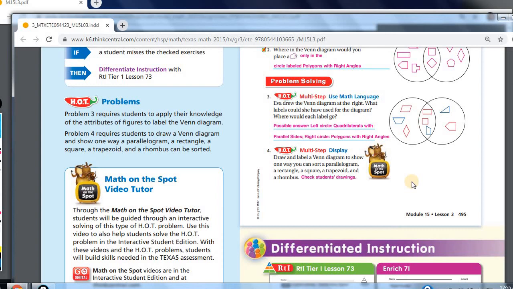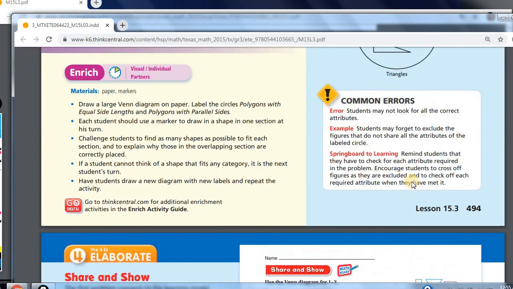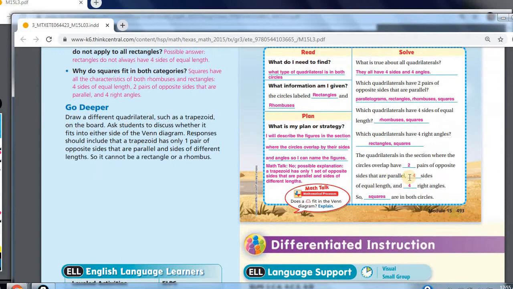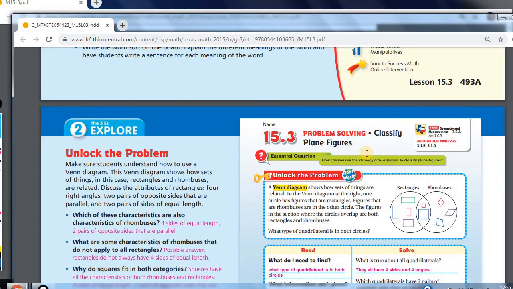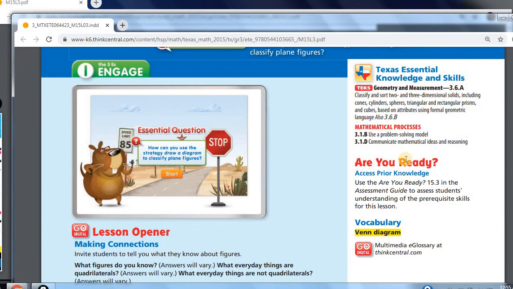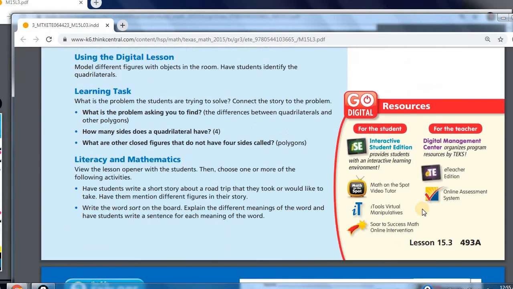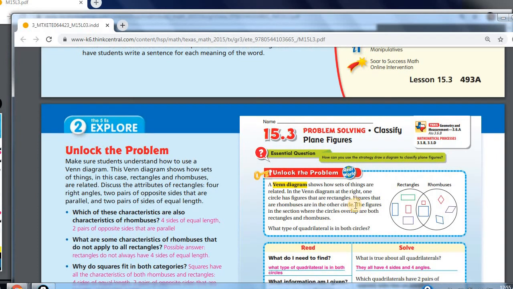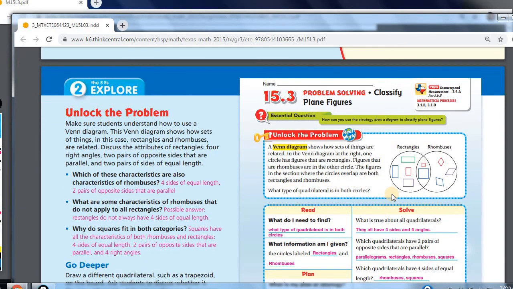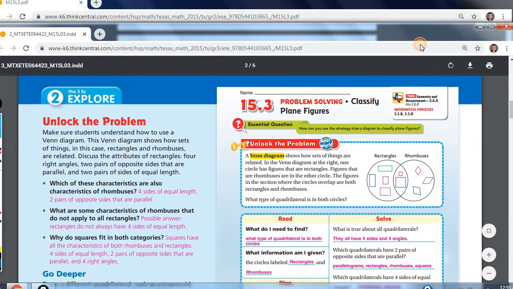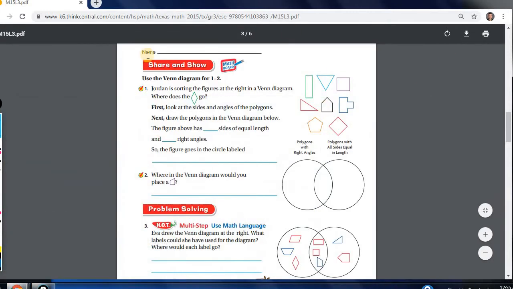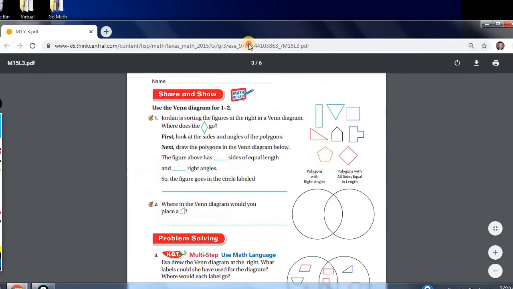For this lesson, I would suggest you go back and look at the 15.3 Math on the Spot video, and I walk you through it on RenWeb. It shows you exactly where to go.